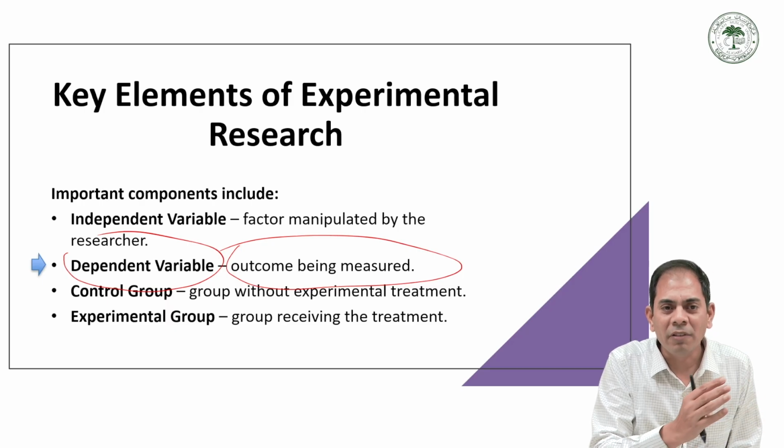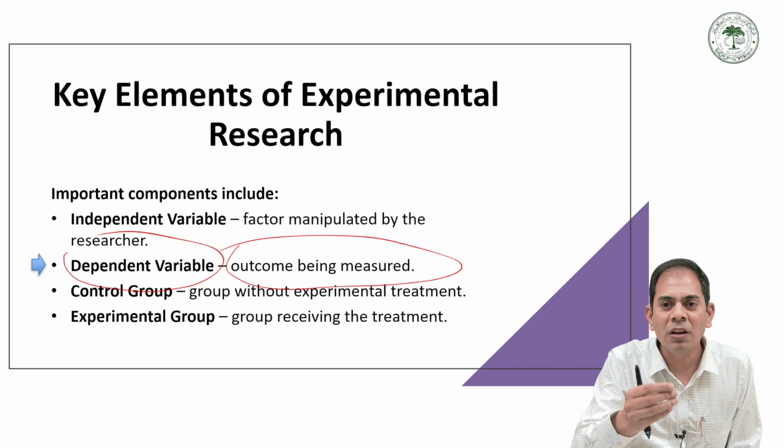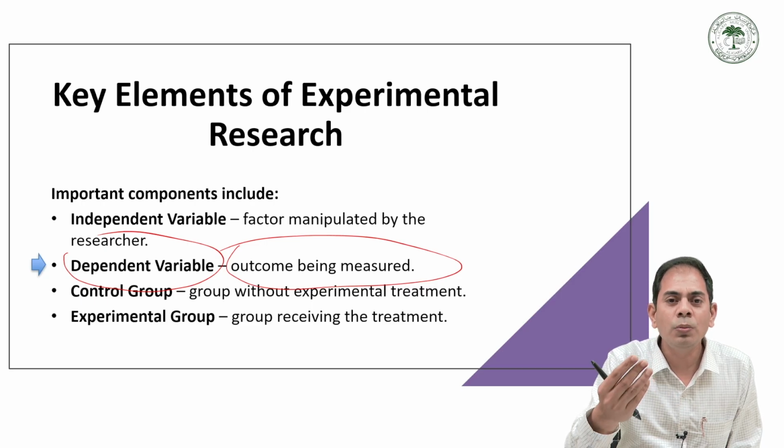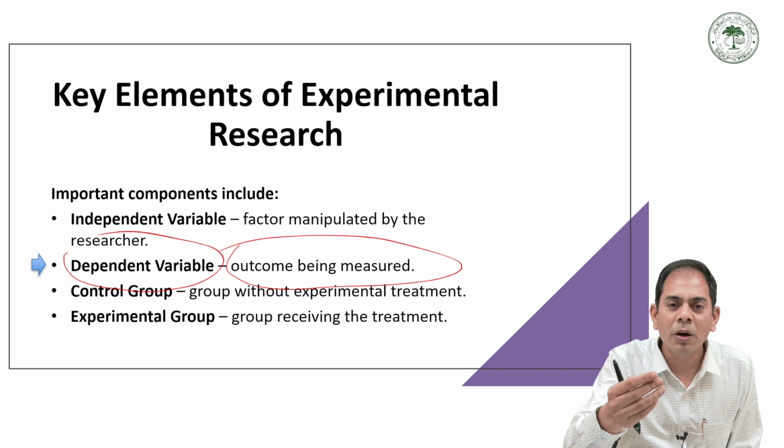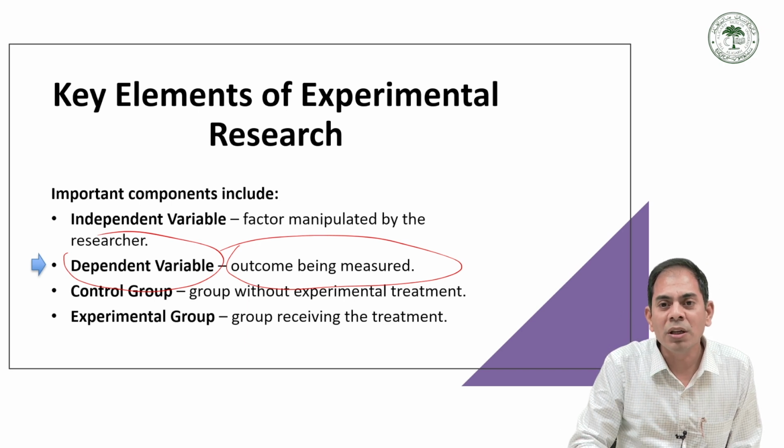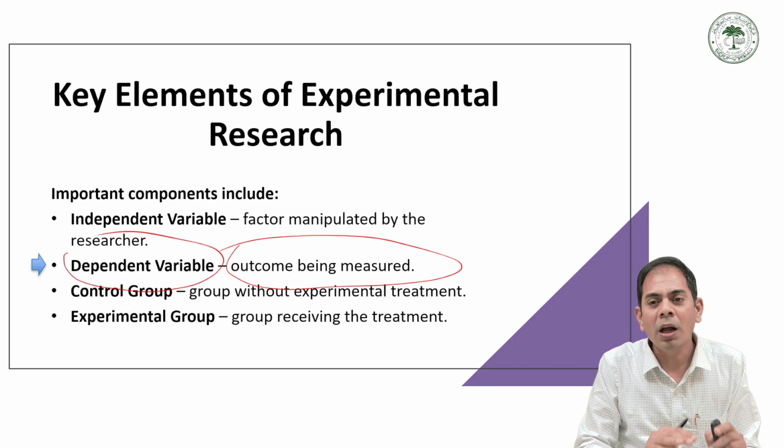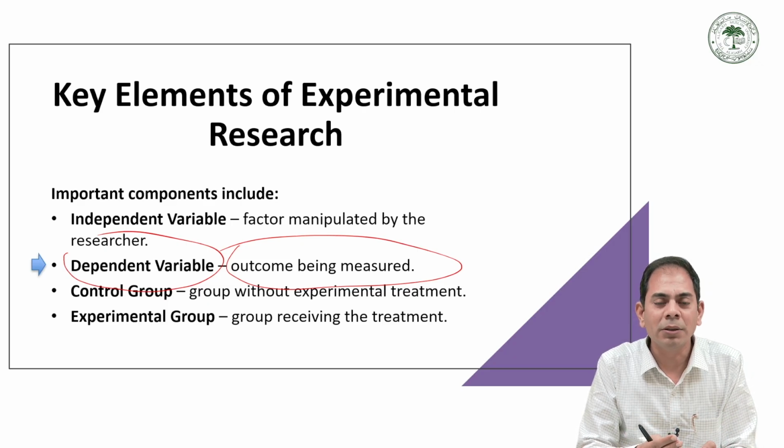This is the outcome that we measure to see the effect of independent variables. So the dependent variable is always the output or outcome variable. For instance, improvements in muscular strength, endurance, and speed are all dependent variables.